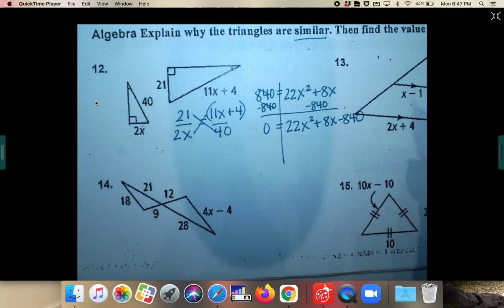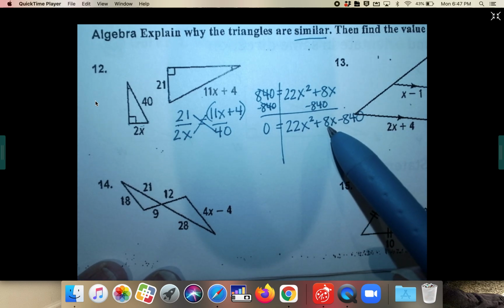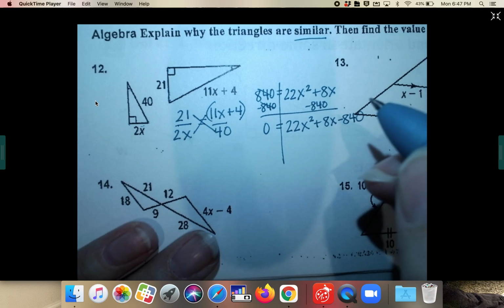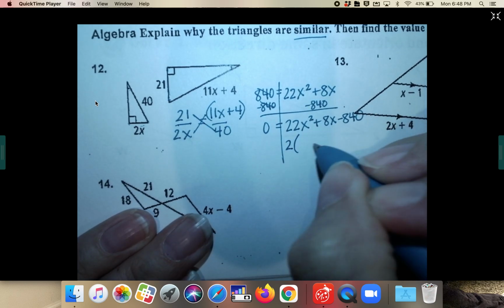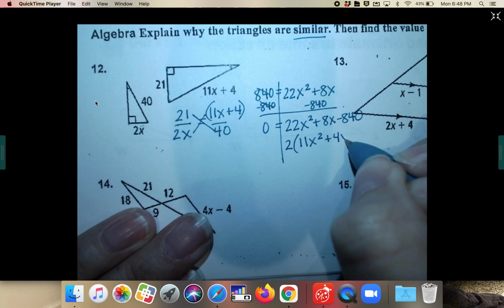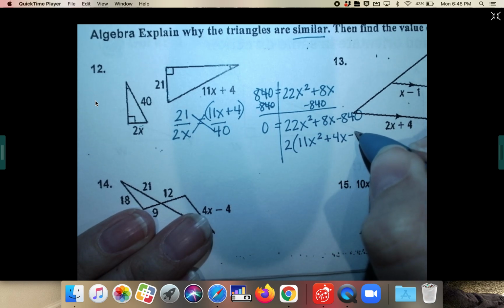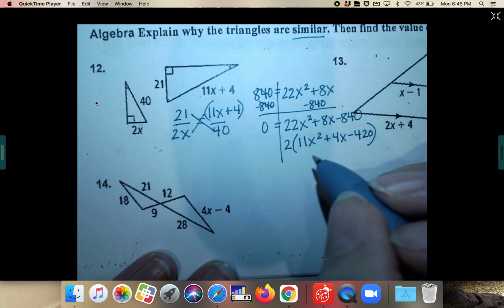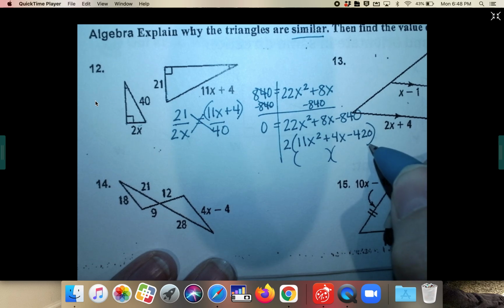So if I factored something out of 22, 8, and 840, I think it's only 2. So I'm going to pull out a 2, and it's going to leave 11x squared plus 4x minus 420, if I did that right.